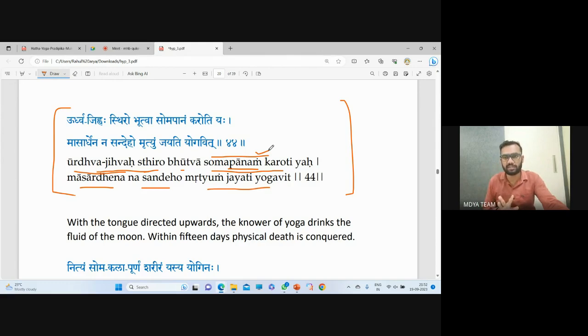And if we continue this exercise till Masardena, half of the month, it means 15 days, then which kind of benefit will we get? Mrityu Jayate. We can win over death. That will be under control.